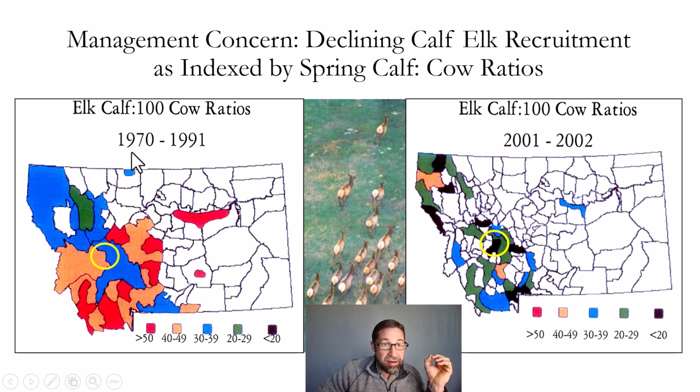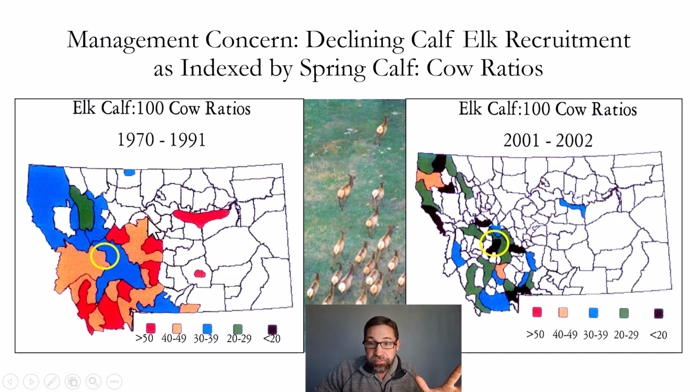This is average calf per 100 cow ratios between 1970 and 1991, a 21-year period. You can see in many places over 50 calves were counted per 100 cows. On our study site, it's between 30 and 50 calves produced per 100 cows.